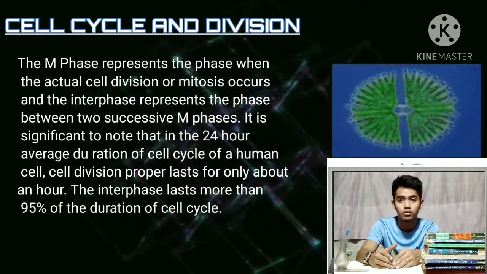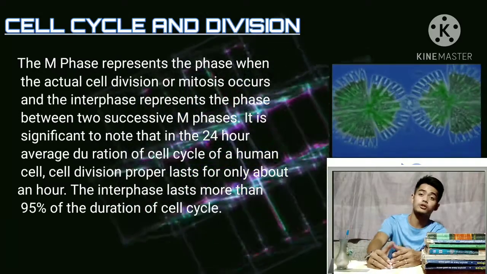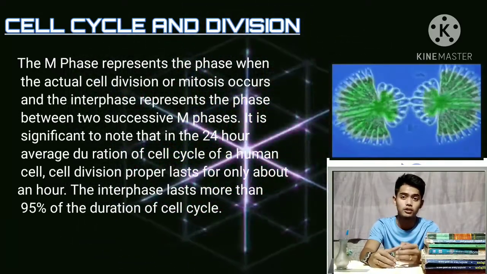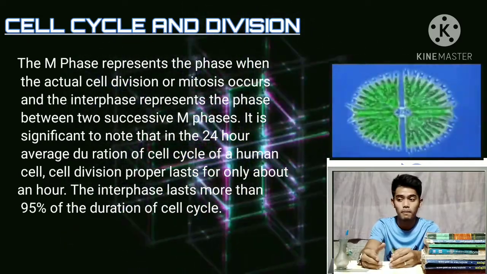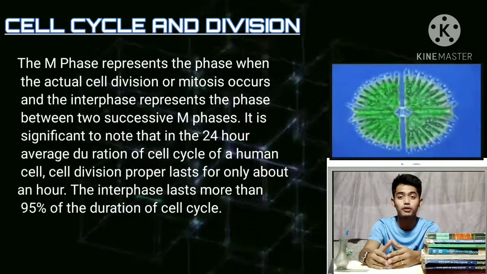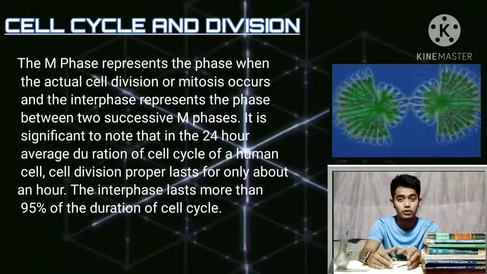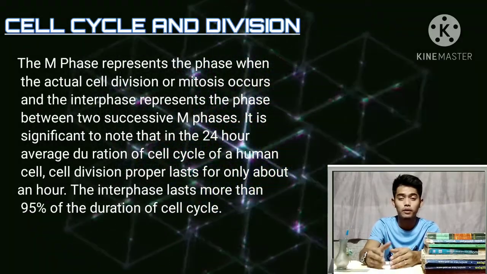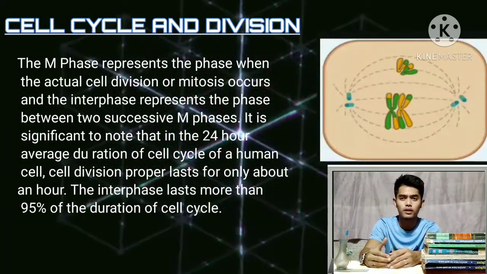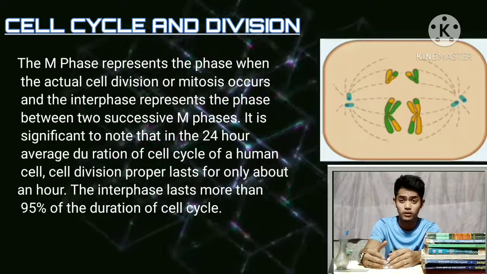Later we will have a further discussion about these two phases. It is significant to note that in the 24-hour average duration of the cell cycle of a human cell, cell division proper lasts for only about an hour. The interphase lasts more than 95% of the duration of the cell cycle.